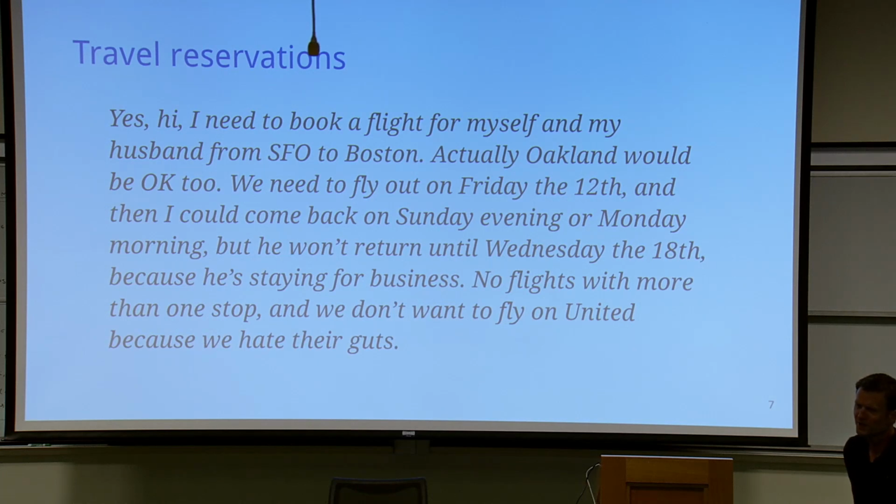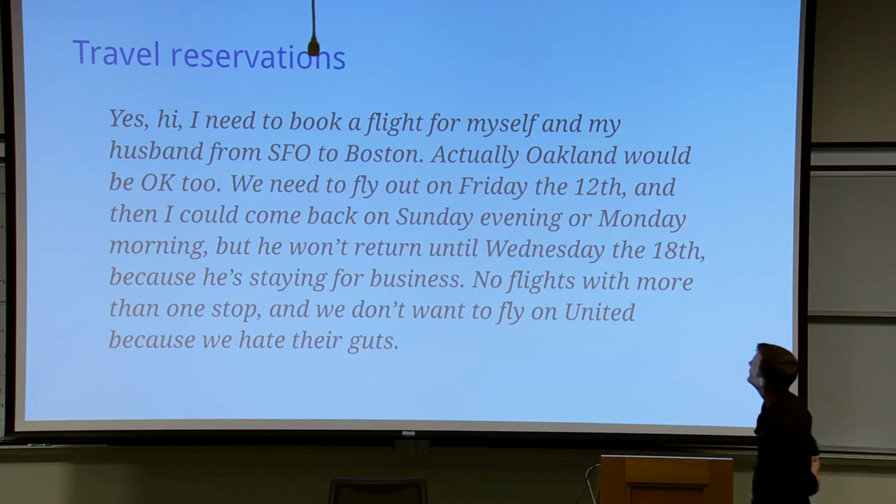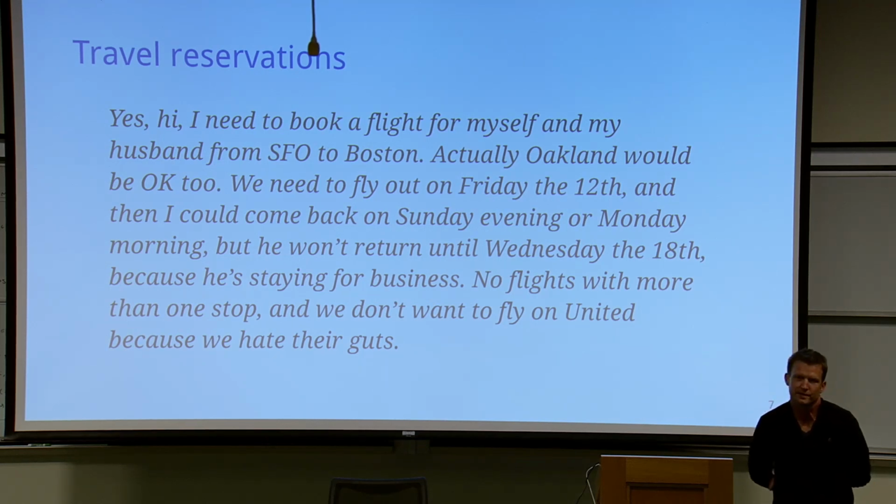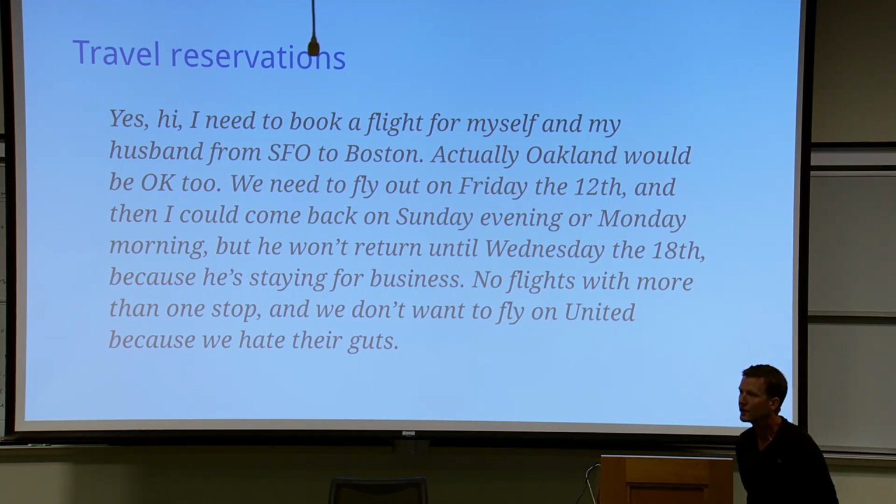Now, as a human, you know that it's an alternative to SFO. It wouldn't make sense to book a flight from SFO to Oakland. Might be fun. But an automated system relies on world knowledge, which might not be available to it.